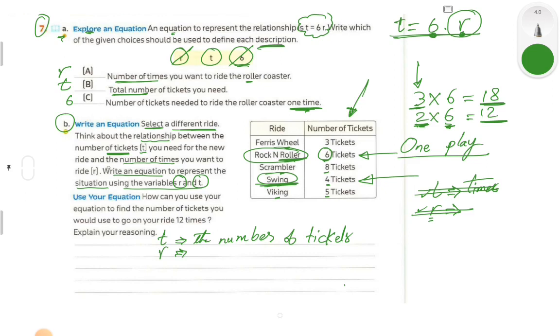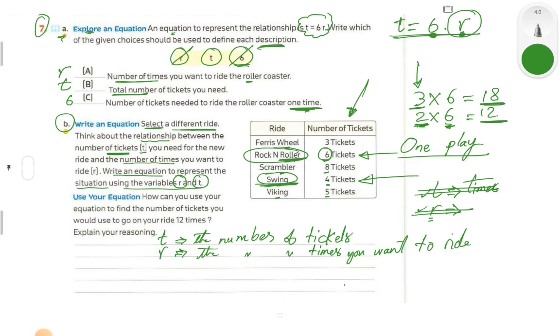R is the number of times you want to ride. The number of times you want to ride.